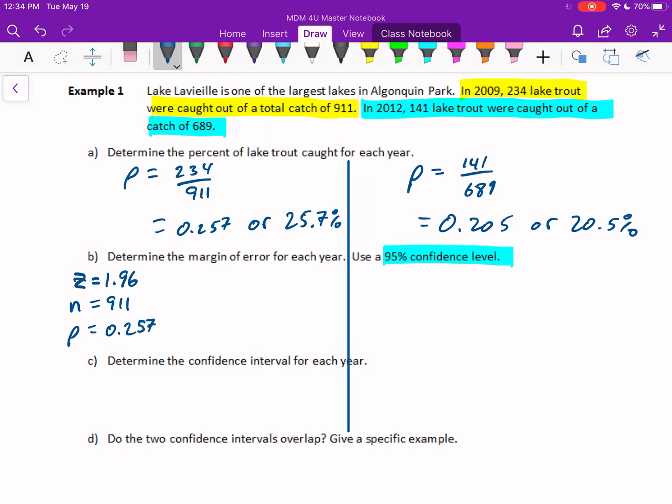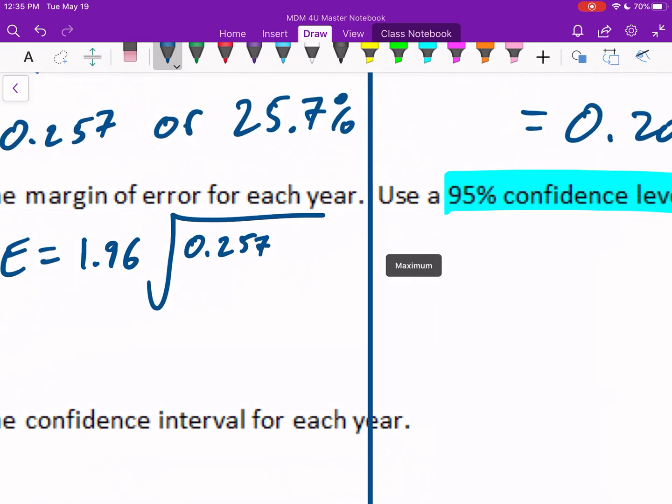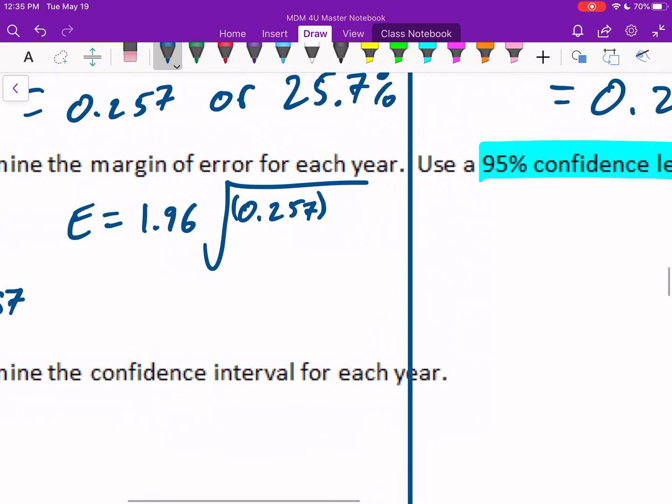P I just calculated above. So my margin of error is going to be 1.96 times the square root of P, which is 0.257, times 1 minus 0.257, all over 911.